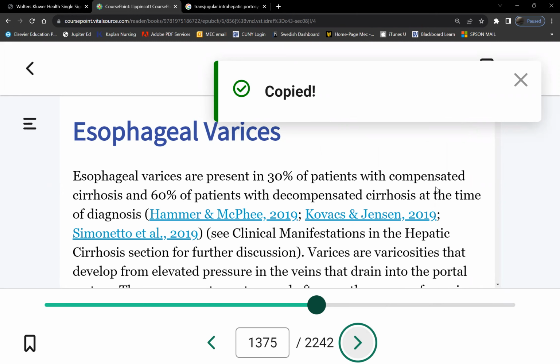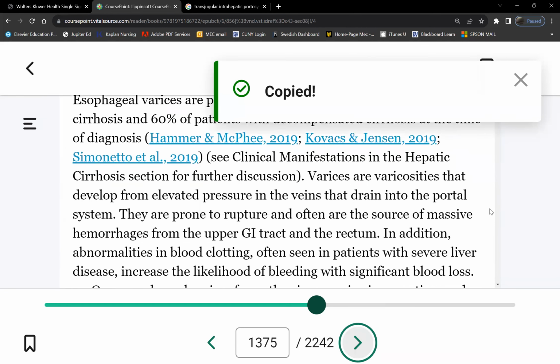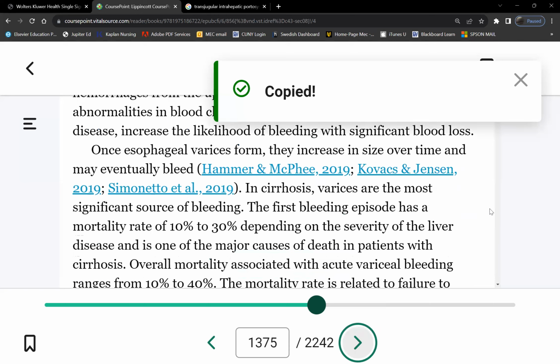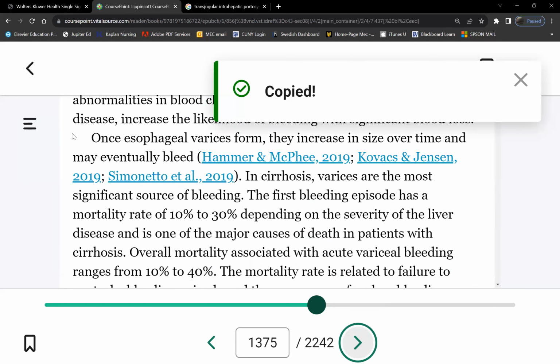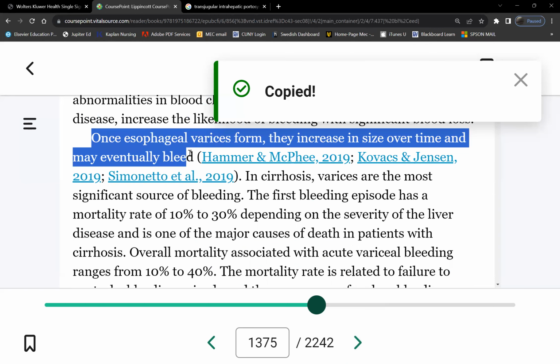So you assume they have them, and we don't know how bad it is, but watch for bleeding. Once they form, it can only get worse from there. It does not get better.